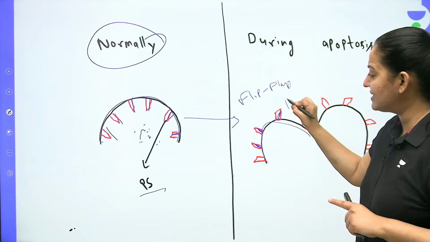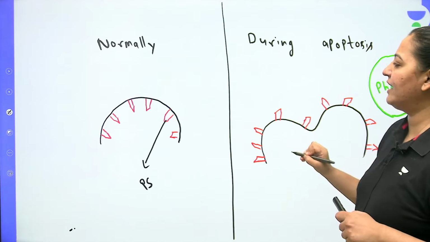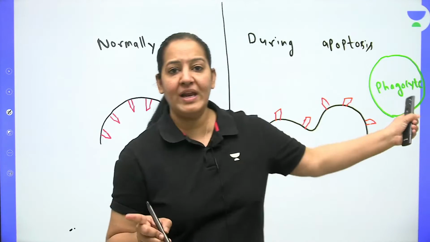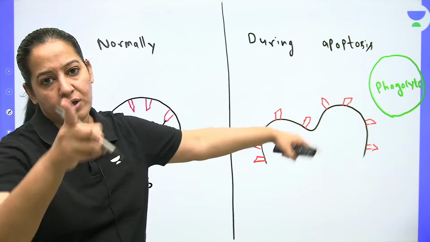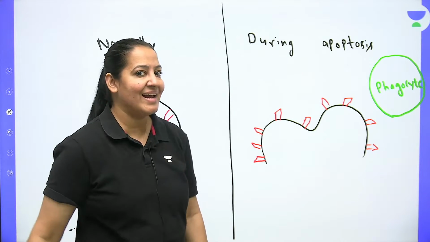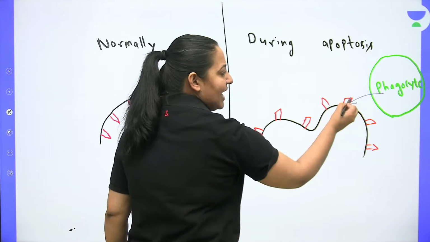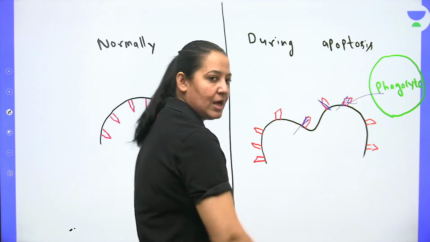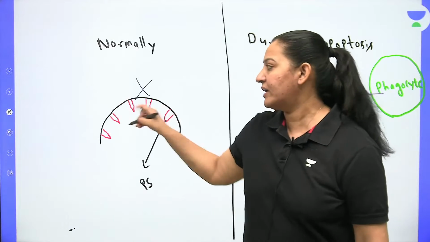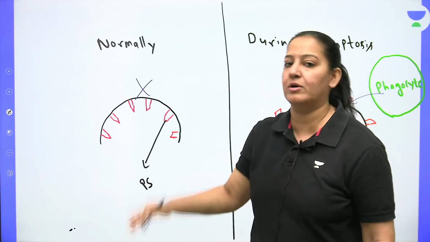This phosphatidylserine is doing the tagging. A phagocyte will eat only that cell which has phosphatidylserine on the outer surface. The phagocyte will not engulf cells which have phosphatidylserine on the inner surface.